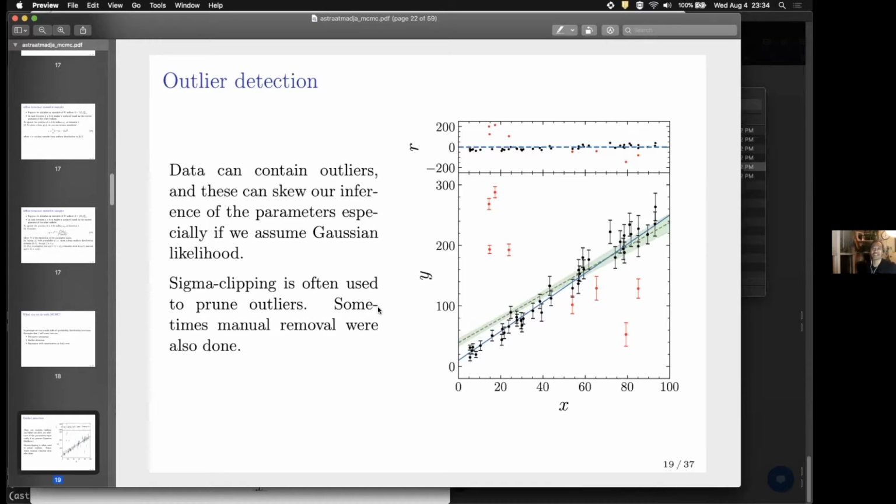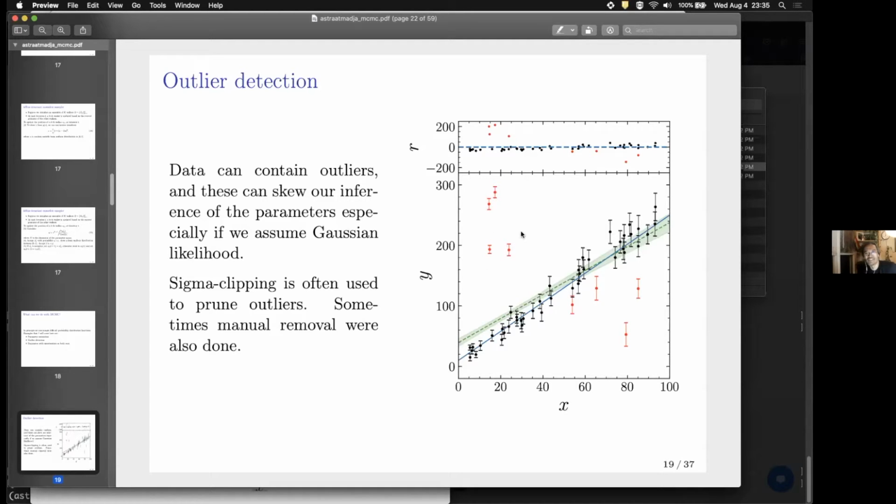Right. So, outlier detection. Suppose we have this funky looking data. There is an outlier here and also here. I marked it red just to show this is an outlier. This is a true outlier. It's generated by a computer, so the computer knows it's an outlier.